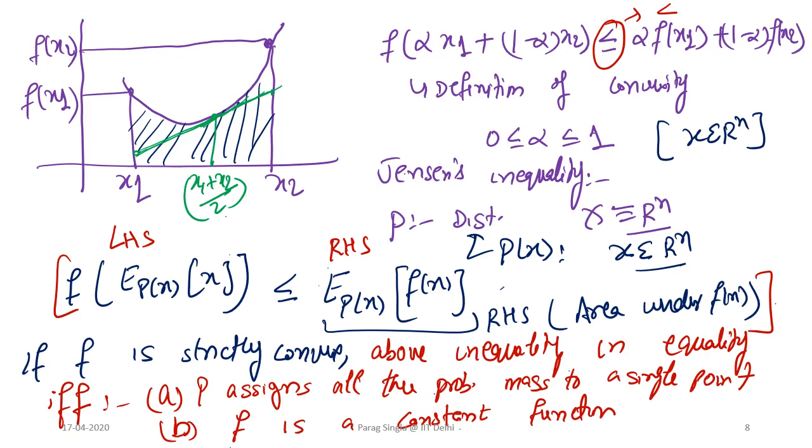If f is a constant function c, then the LHS will be f of the expected value of x, which is c, and the RHS will also be the expected value of f of x, which is c. So both sides will be c. And this is if and only if; I have only proved it in one direction, but you could also prove it in the other direction.